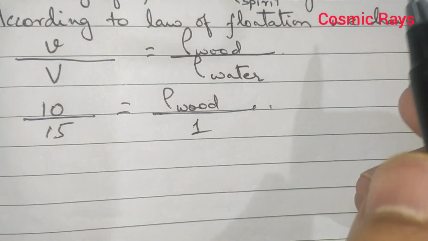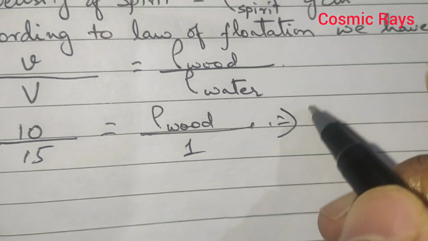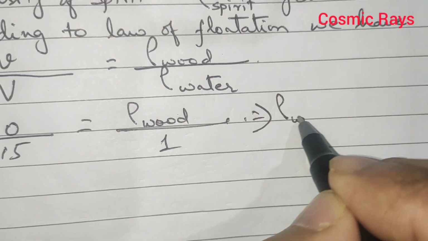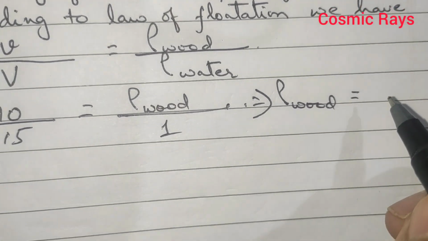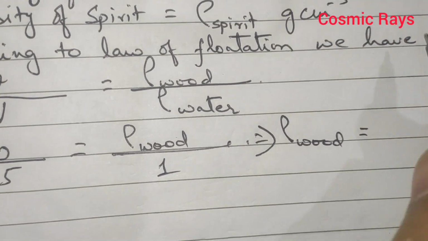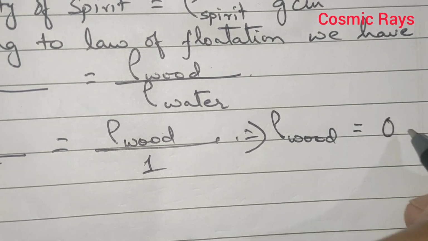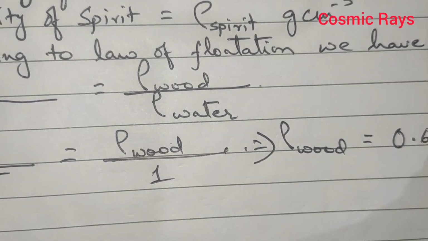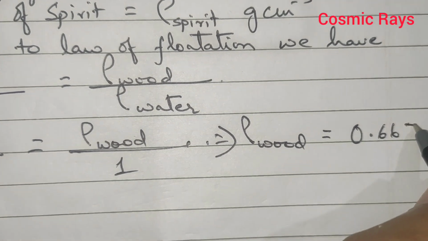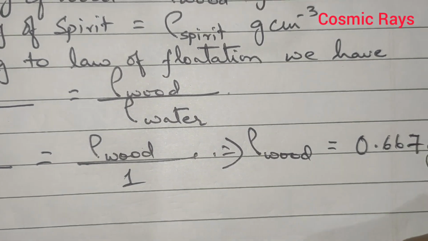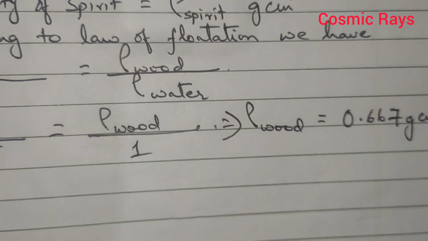So we solve it and we get the answer as density of the wood is equal to 0.667 gram per centimeter cube.